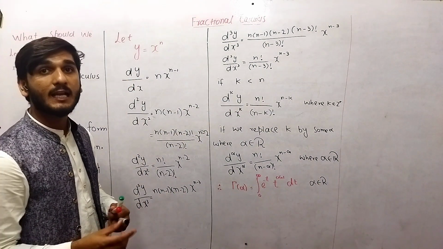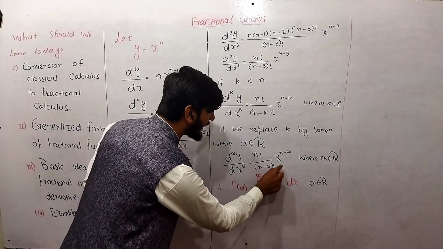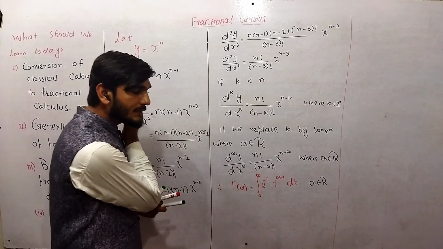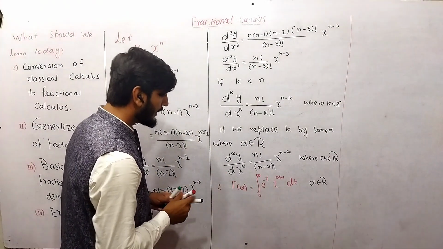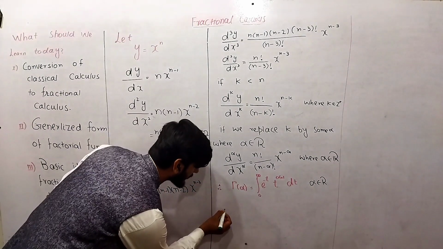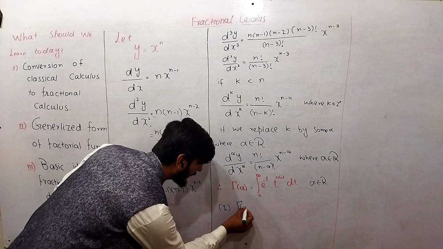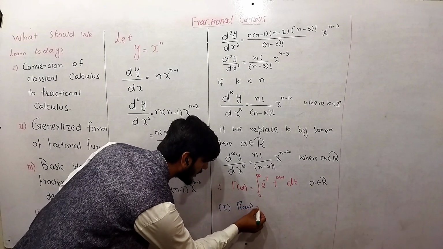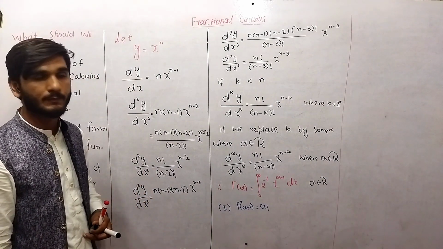Let me introduce some properties that we will use in solving and generalizing this result. The first property of the gamma function is gamma of alpha plus 1 is equal to alpha factorial.